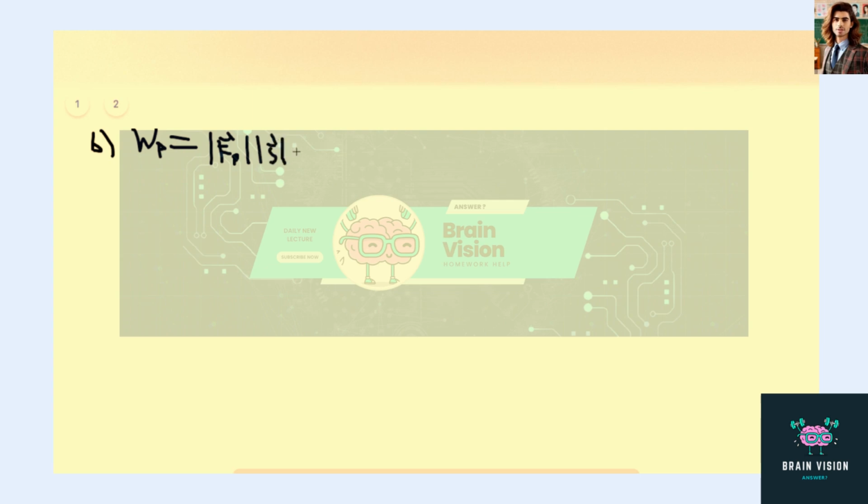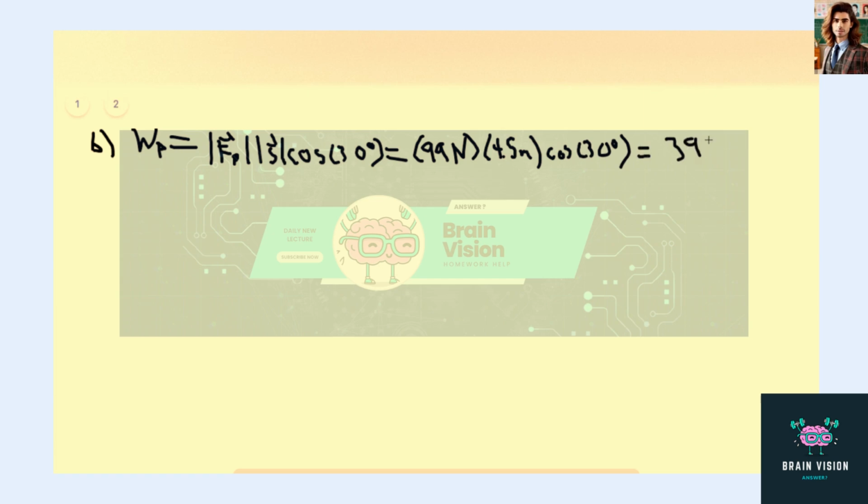And the angle between them is now 30 degrees since we're pushing 30 degrees below the horizontal and displacement is along the horizontal. So we have 99 newtons times 4.5 meters times the cosine of 30 degrees. And I have that this is equal to 390 joules.